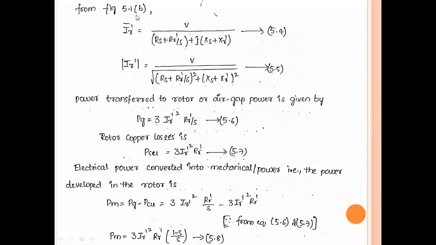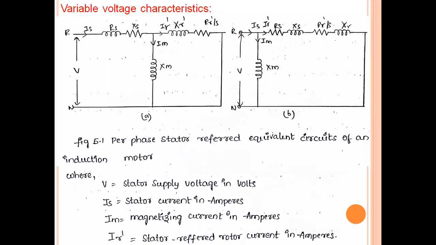And from figure 5.1b, we can write the stator referred rotor current. Let's see what is 5.1b. See, this is our figure 5.1b. Now you can see the IR dash here, which is on the rotor circuit.